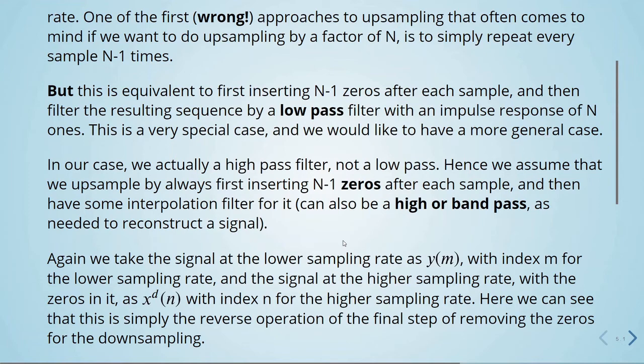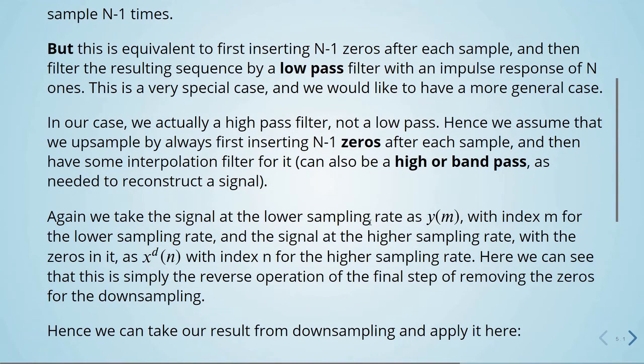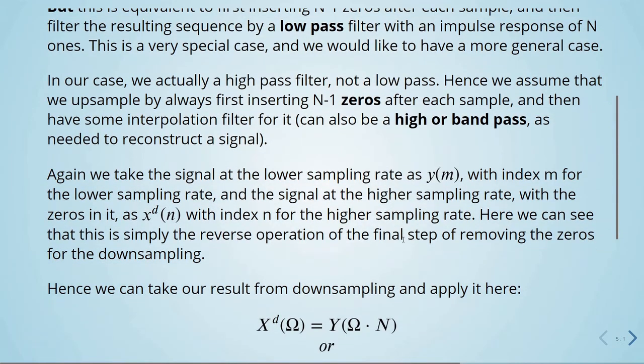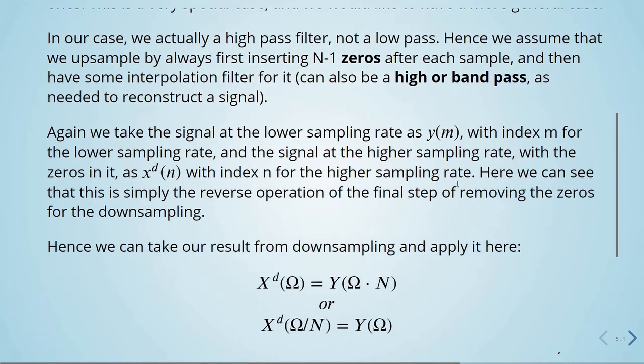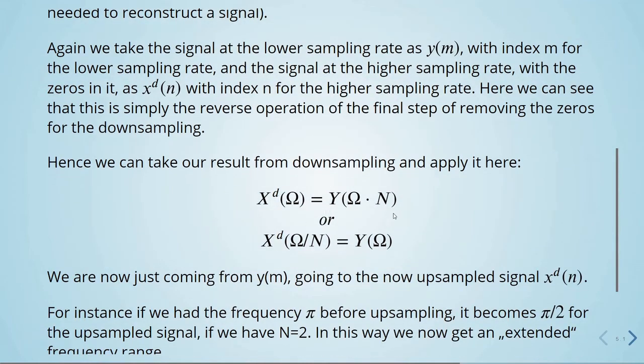So we can see that this is the reverse operation of the final step of removing the zeros for the downsampling. So we can take our result for downsampling, and we're now coming from y of m going to the now upsampled signal x superscript d of n.